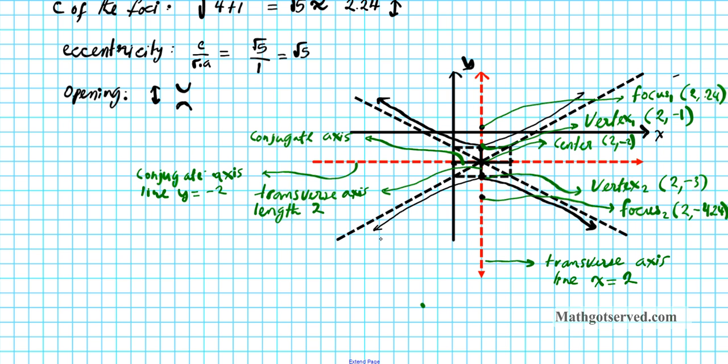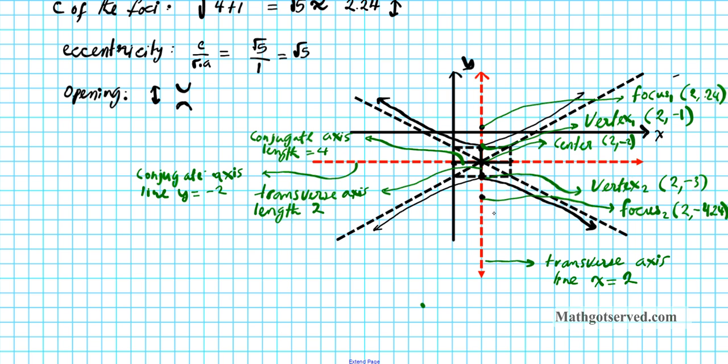Okay? All right. So the length of our conjugate axis is 2 units in both directions, so the total length is going to be 4. So conjugate axis length is 4 units long. Okay, so that's that.